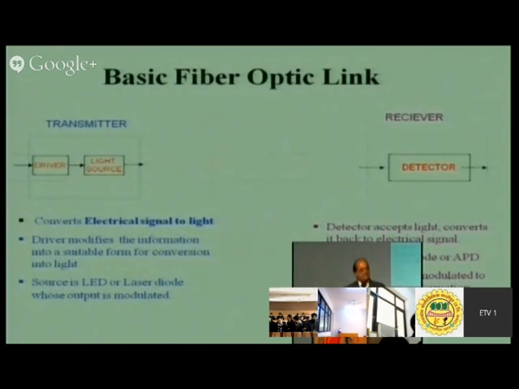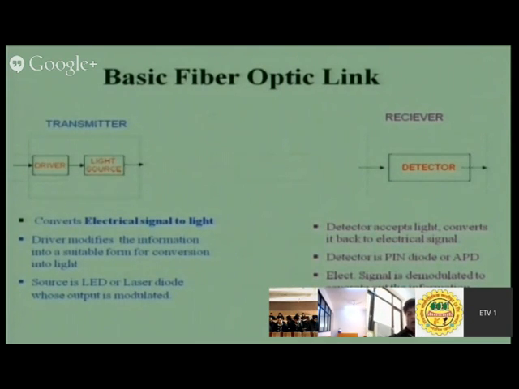At the receiver, we receive the optical signal. This optical signal is converted to an electrical signal by an optical detector, which is either a pin diode or an APD. The electrical signal is demodulated to separate out the information, and finally this information is delivered at the destination.